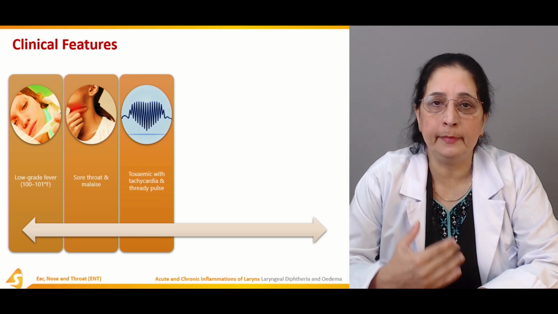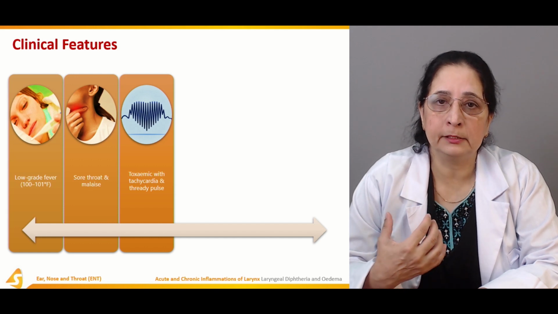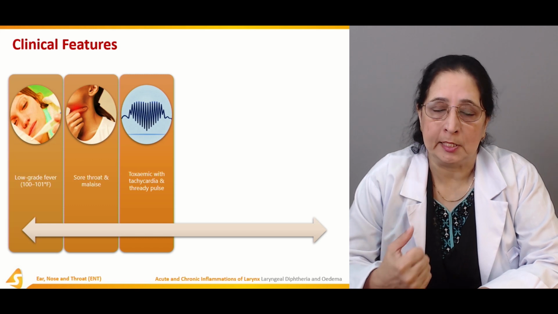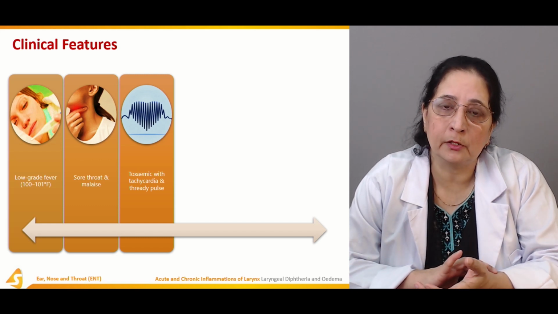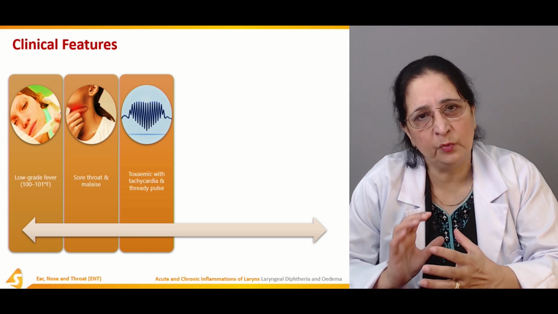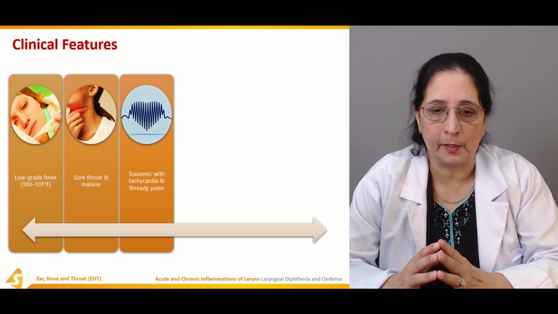The patient is toxemic because of the toxin produced, and tachycardia means a very fast pulse. When you take the pulse, you see that it is fast and very weak and thready. It's hard to feel the pulse.